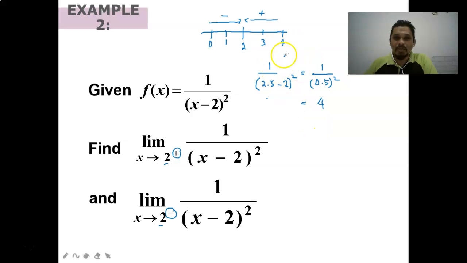So when x is 2.5, the function is equal to 4. Now, let's get closer to 2.